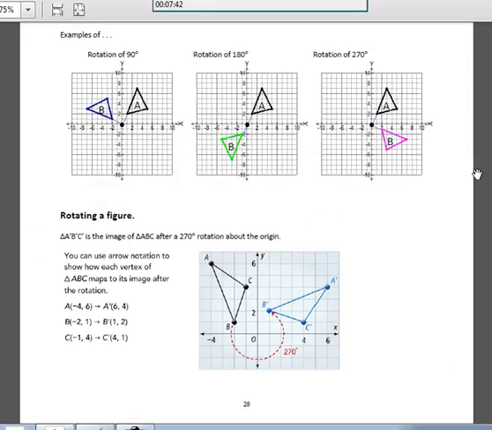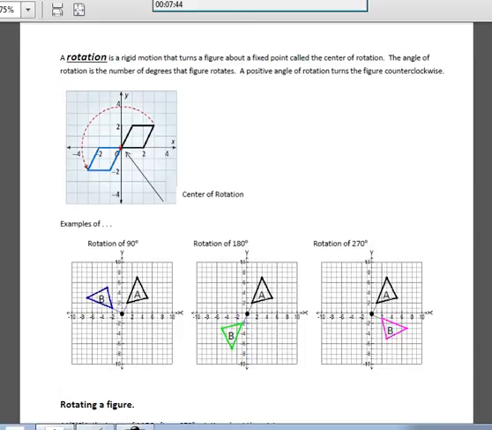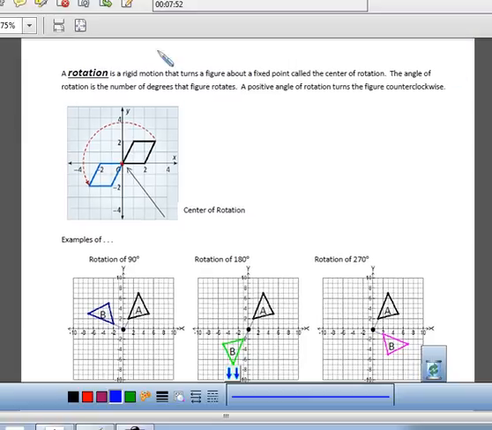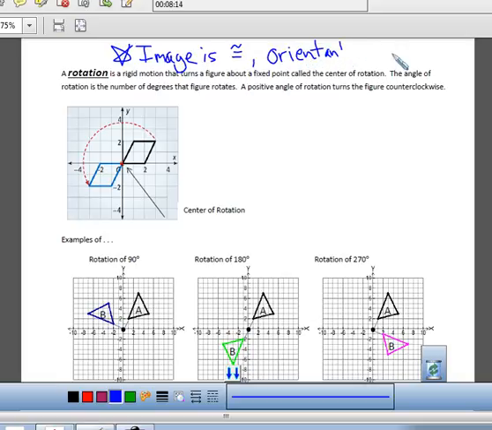Alright, let's go back up to the top, and usually on this page, we need to just put down some details here. Put a star at the top of this page, and remember, the image is going to be congruent. There's our fancy symbol. And the orientation is the same.